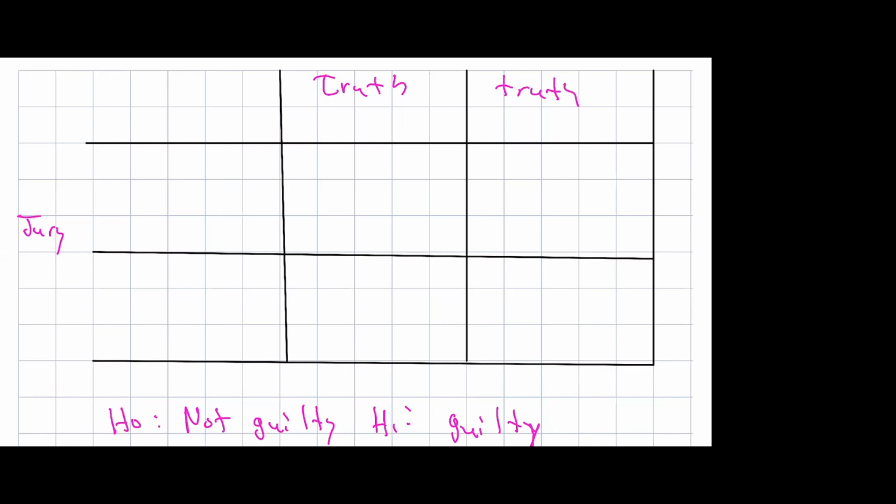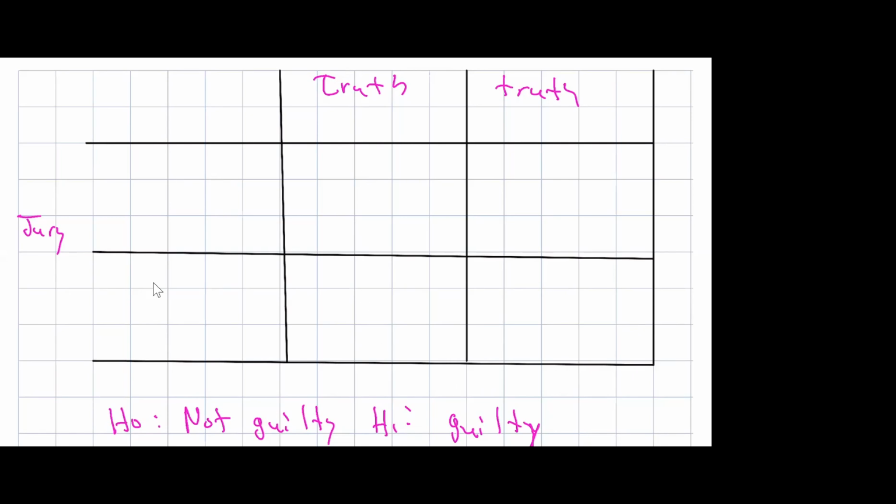They need to have evidence in order to prove that you're guilty. So that way the alternate hypothesis should be that you're guilty. Everybody go with that idea: the null hypothesis is that you're not guilty, and the alternate hypothesis is that you're guilty.